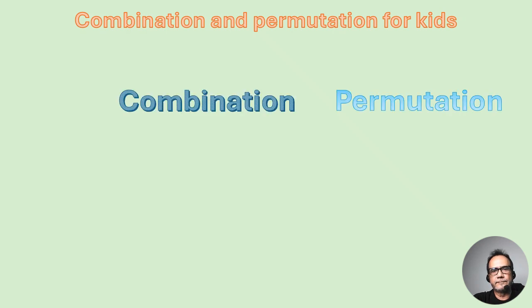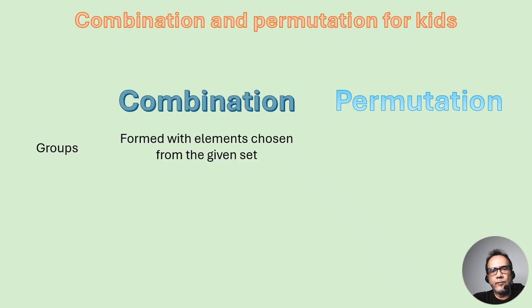Finally, let's review some important ideas that we must take into account when dealing with combination and permutation. The groups in the combination are formed with the elements chosen from the given set. And the same happens with the permutation.